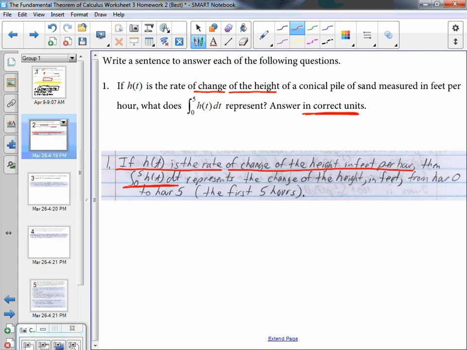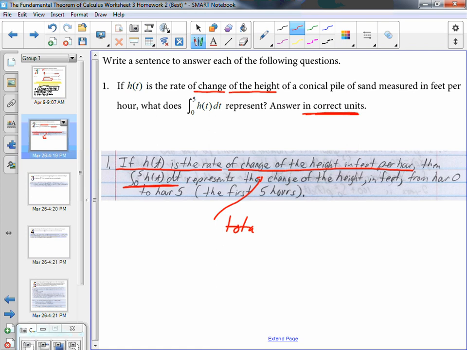In feet. So that integral represents the total change of the height in feet. It's assumed you're talking about the total. Okay?